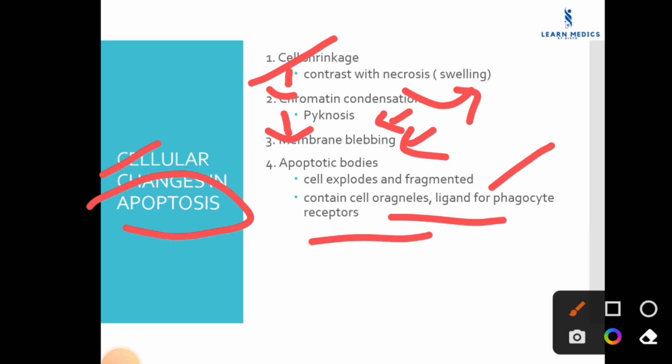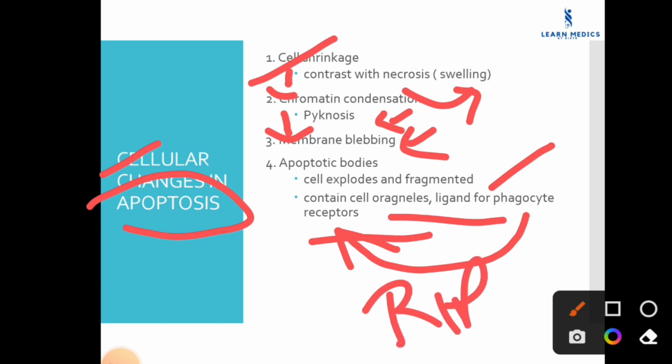The phagocytes then engulf them, and the cell dies. This is how apoptosis, a way of cell death, occurs.